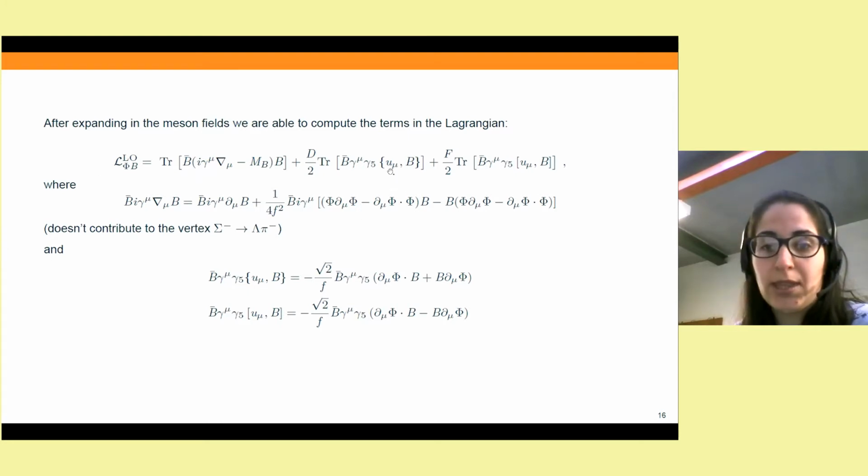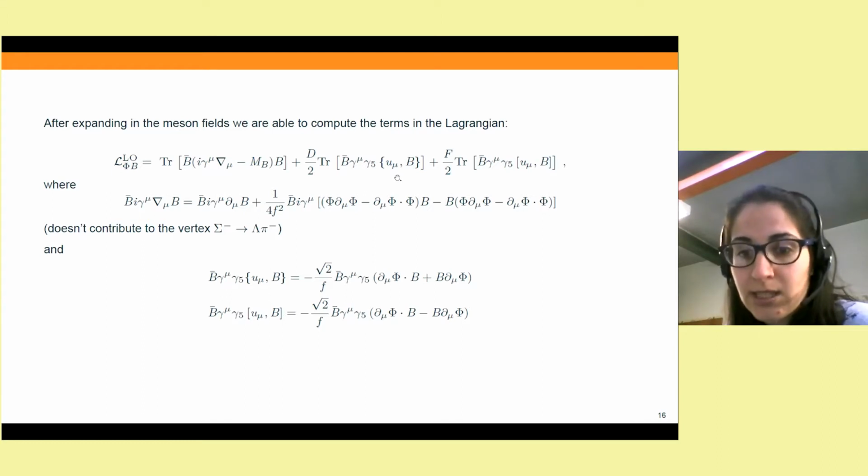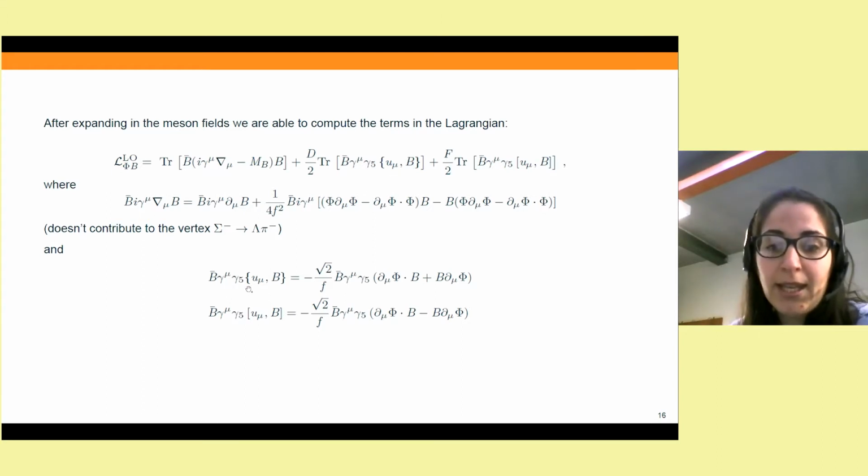These ones that go with this u mu that we also expanded in terms of the meson fields. And we got these expressions here, okay? Where we have a B bar matrix, a B matrix, and one meson matrix. So these in principle should contribute to the vertex that we want to compute.